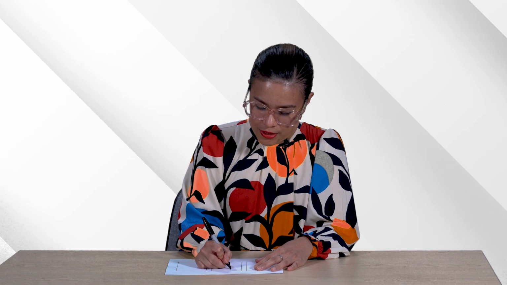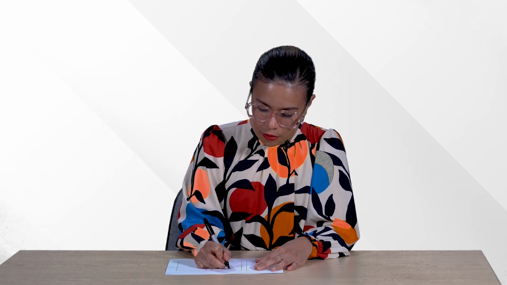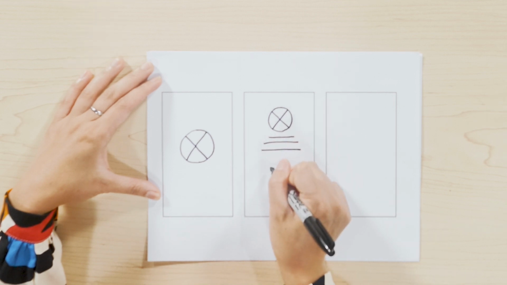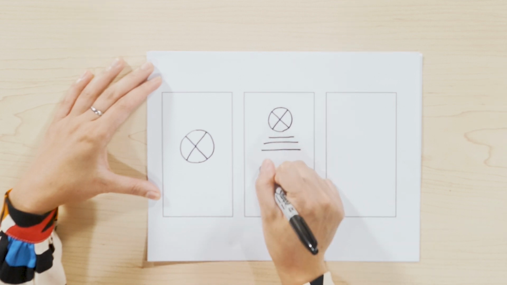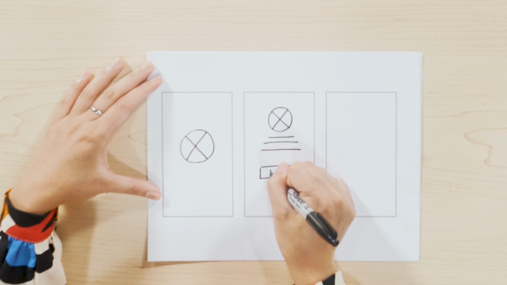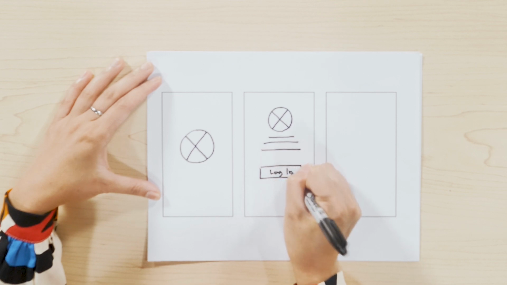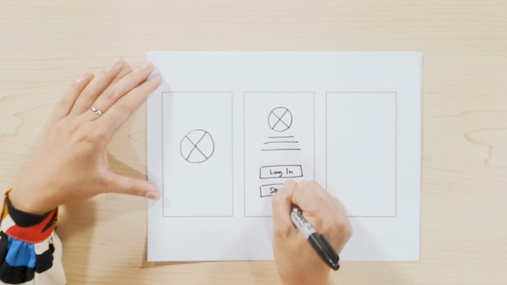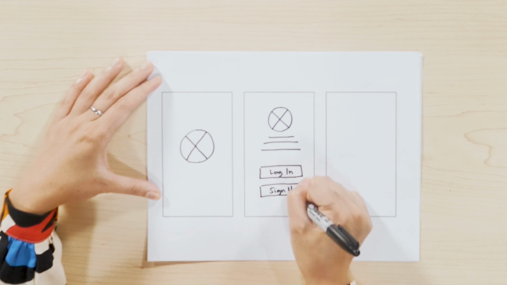So what we do is draw our logo, write some copy, and provide options to log in or sign up. So in this scenario, our user is going to be logging in.